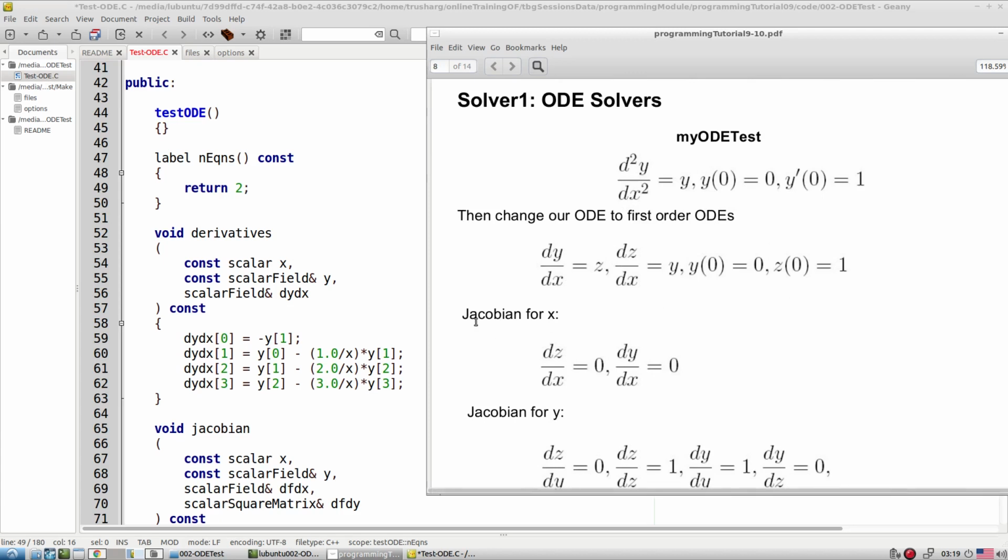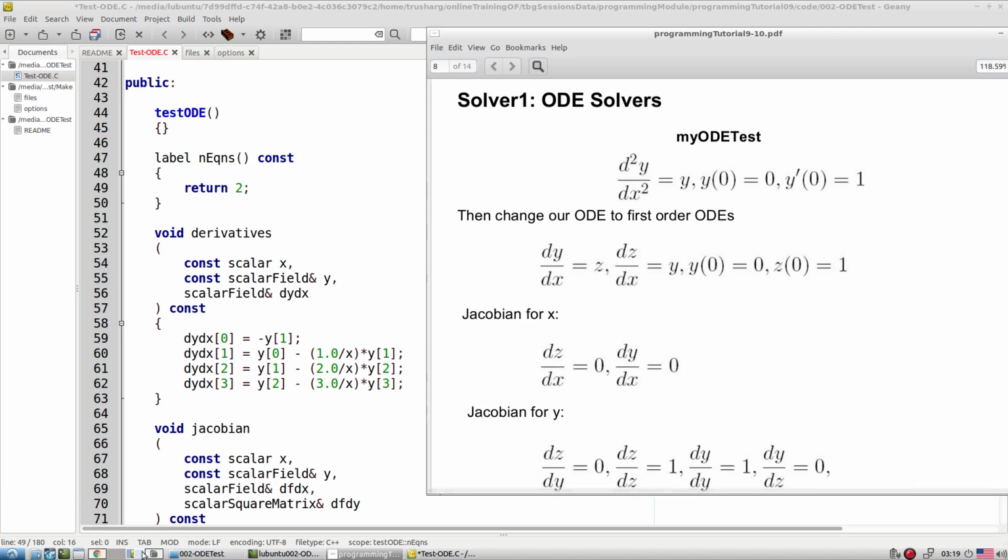So the Jacobian for x, that means the independent variable. Now if you look at it, this is f1, and f2 is the second function. f1 is nothing but z, f2 is nothing but y.